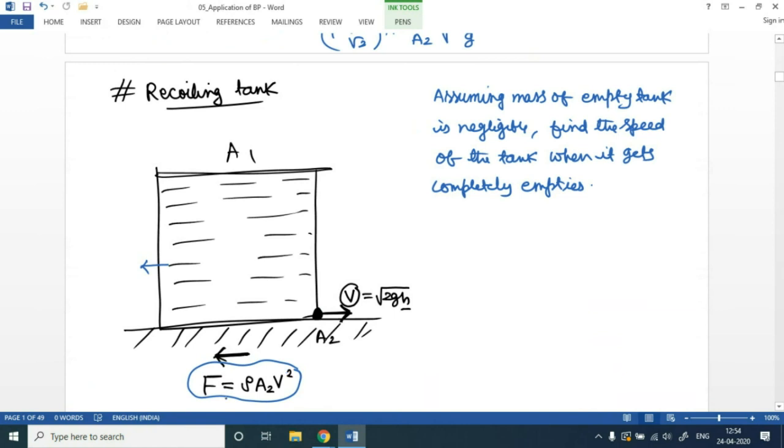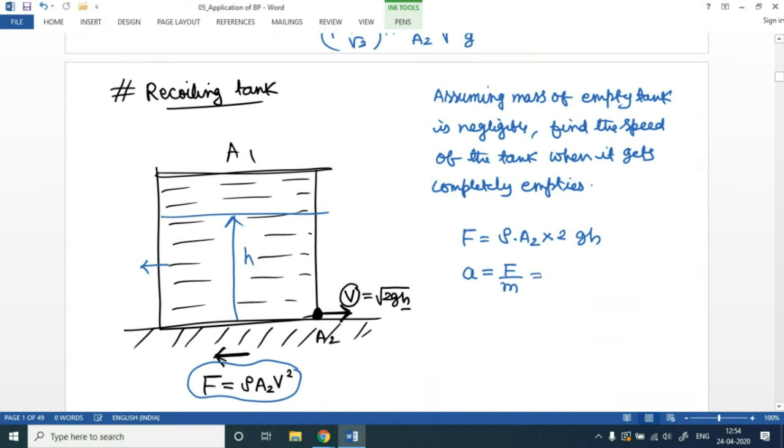So in order to do that, this is the force we have calculated. Let's write the expression for force. That is rho into A2, and let's say at any instant the height of the open surface is h. So v is going to be root 2gh, and this quantity would be simply root 2gh whole square, which is 2gh. If we wish to find out the acceleration, acceleration is going to be force upon the mass of the system, and we have already said that the mass of the tank is negligible.